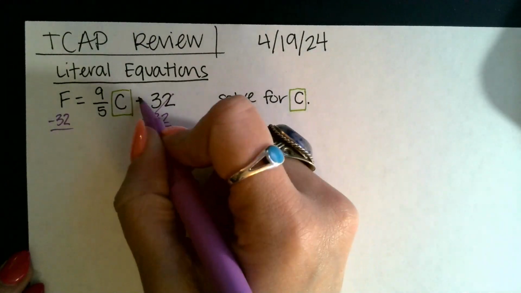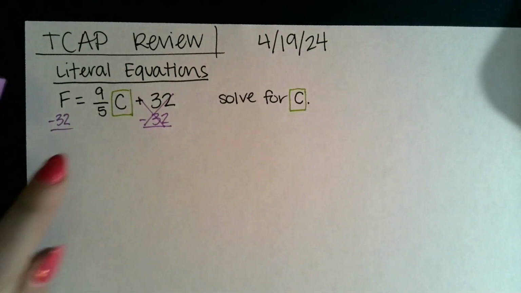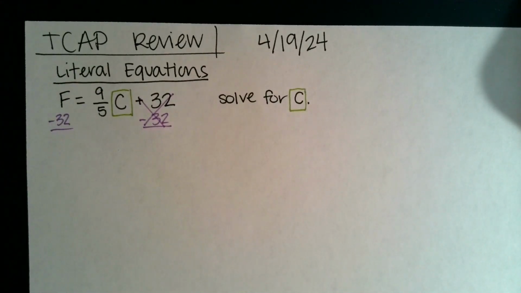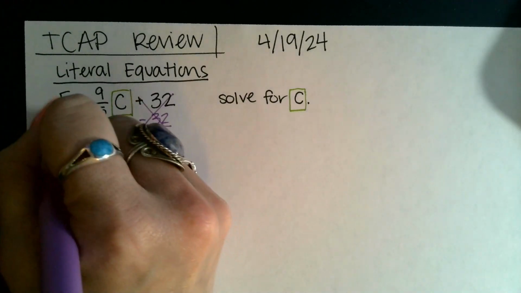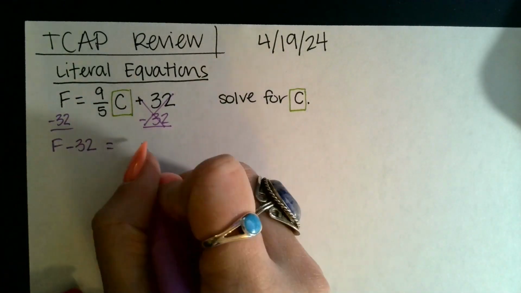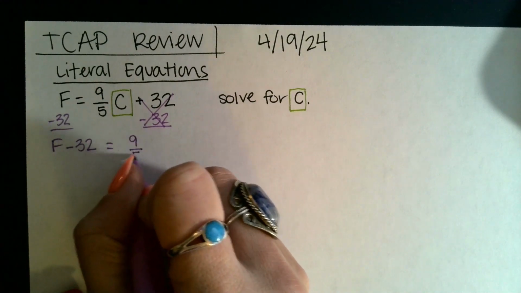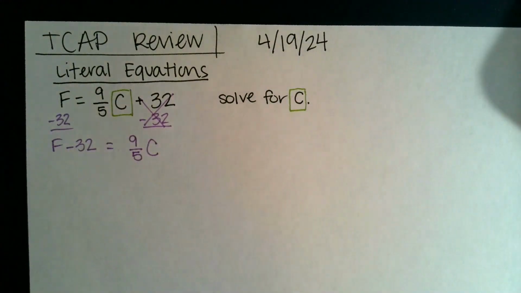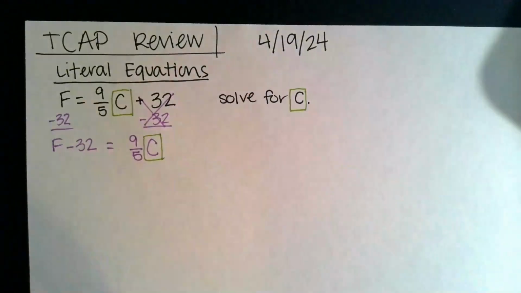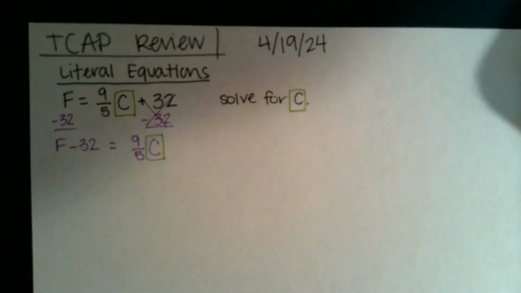The 32's cancel on the right-hand side, but on the left, this F minus 32, those are not like terms. We can't combine them. So we are just going to write it as F minus 32 equals, and we have 9/5 C left over.